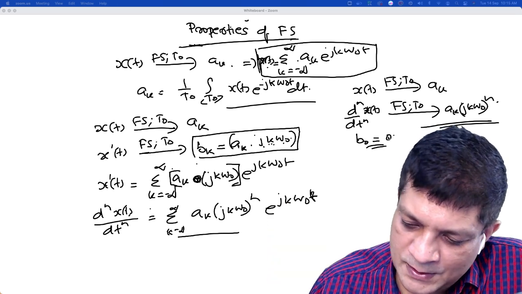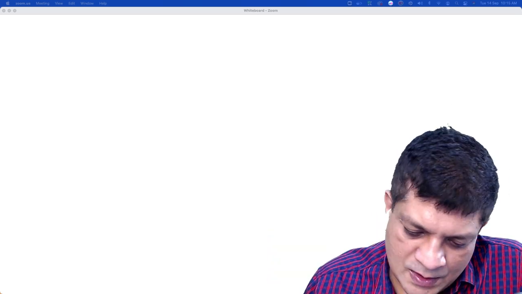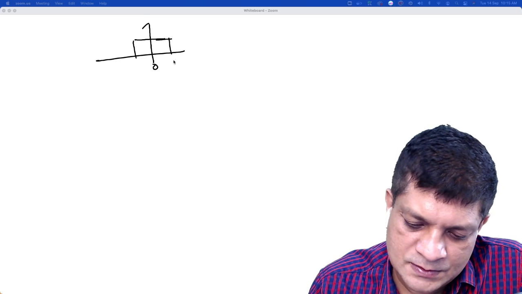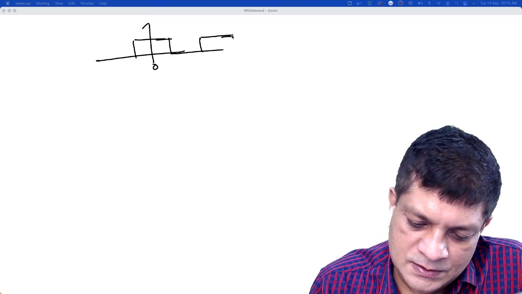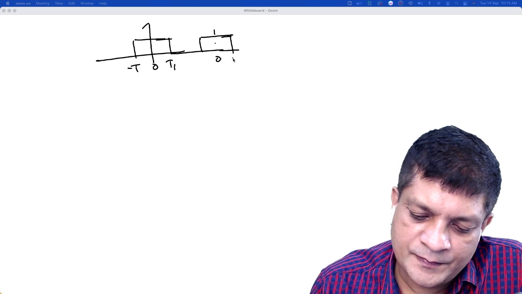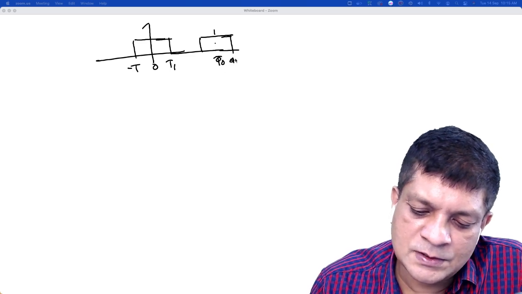Okay, let me take an example. Consider this standard result you have already seen, the rectangular pulse train from minus T1 to T1, with period T naught.